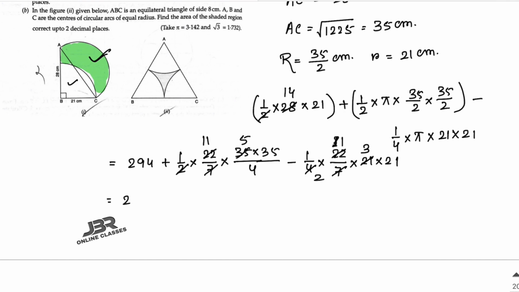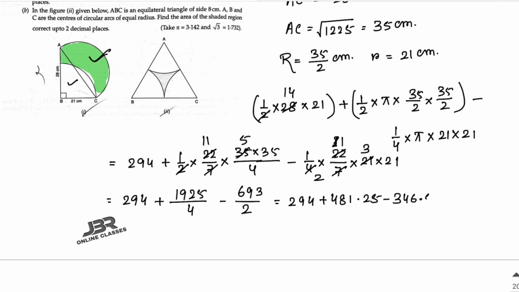Okay, so that means here 294. The next one here write down 19, and here 25 by 4 minus 693 by 2. That means here 294 plus 481.25 minus 346.25. So here your final answer 428.75 centimeter square.